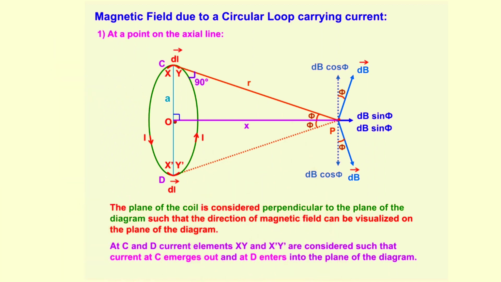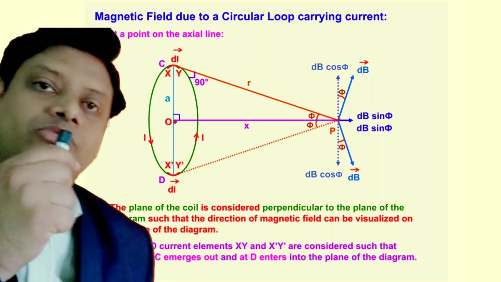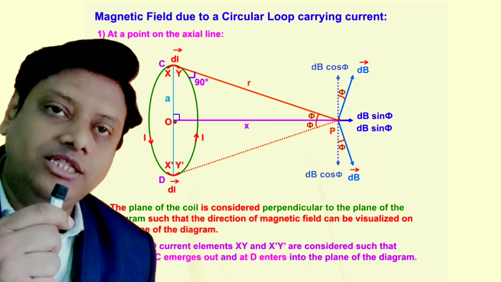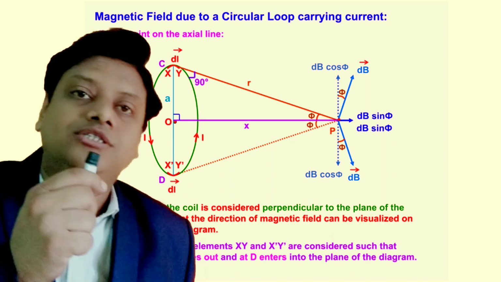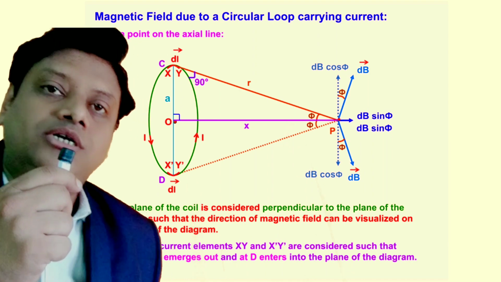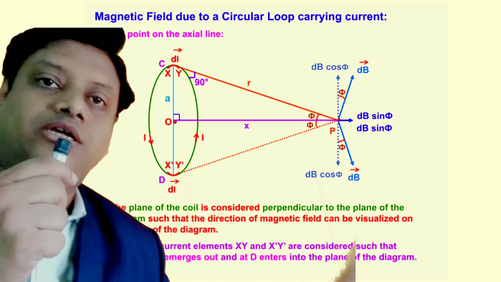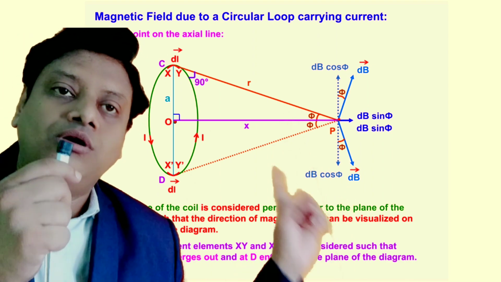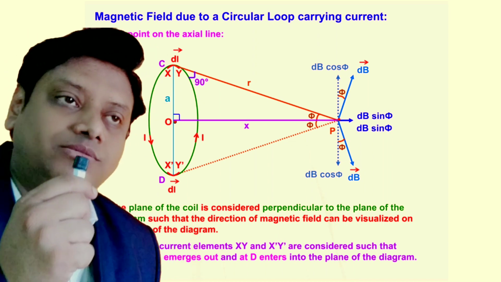Now for this derivation we will consider that O is the center of the coil, which you can see clearly in the figure, and the point where we need to find the magnetic field due to this coil is taken on its axis, that is point P. Point P is taken here somewhere, where we have to find the magnetic field due to this whole coil. So we will apply Biot-Savart law for this.